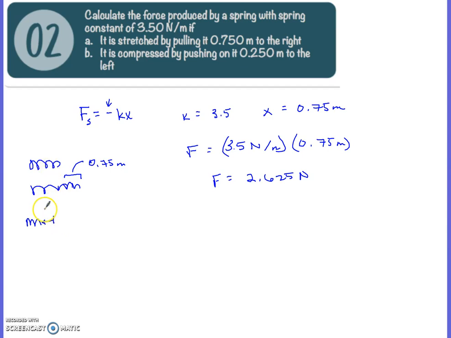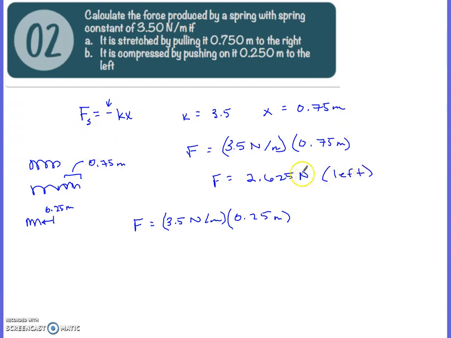We're going to compress it a distance of 0.25 meters. And how much force does it take to smush that spring up? So F equals kx again, and it's 3.5 newtons per meter, and the compression is 0.25 meters. The force produced by the spring, in this case, since we stretched it to the right, is to the left.